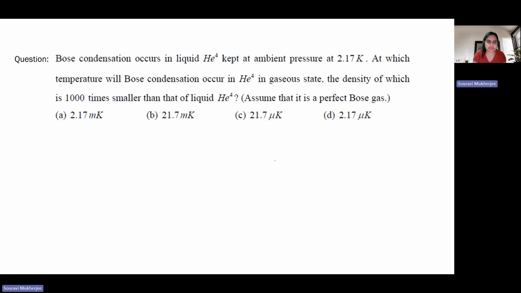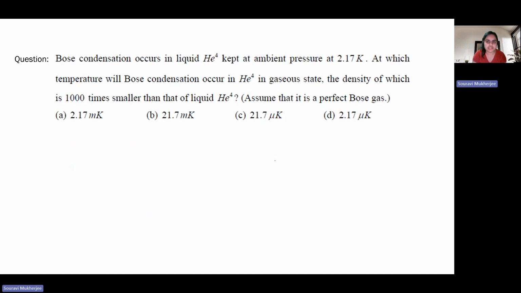Okay, this is something which I've already discussed. For one system, you know how TC goes with density. If you know the relation, then you know the density for a certain system.